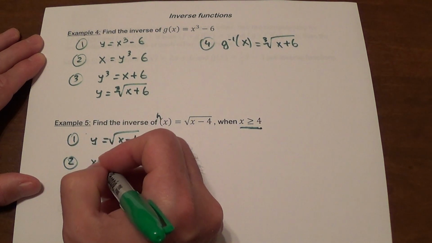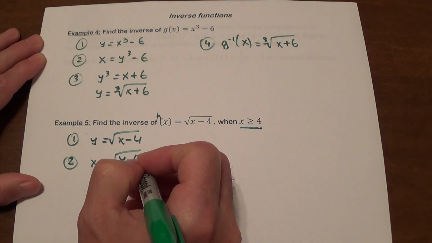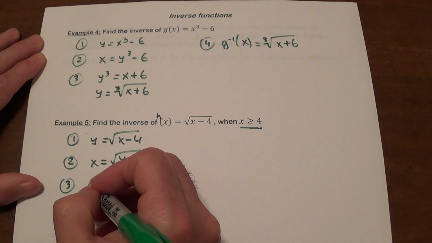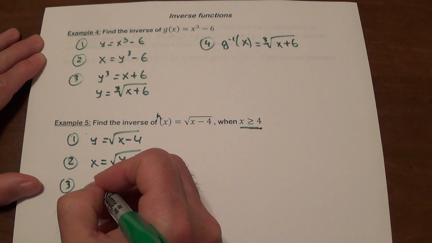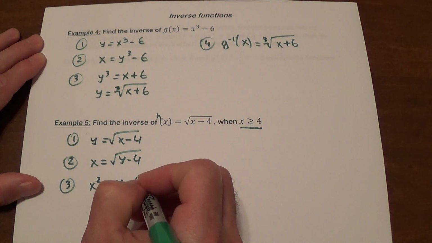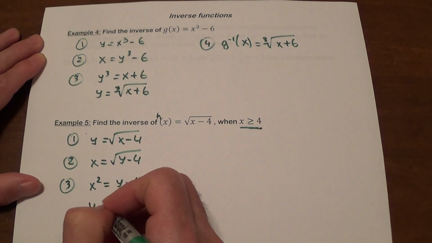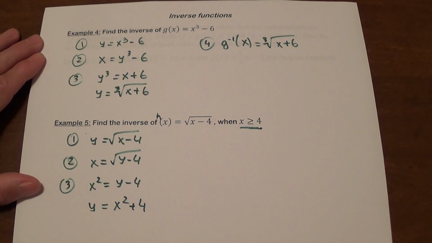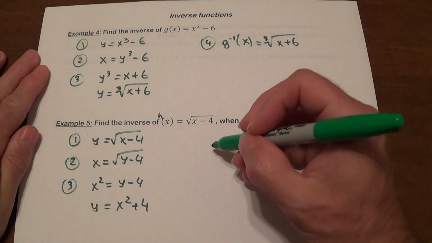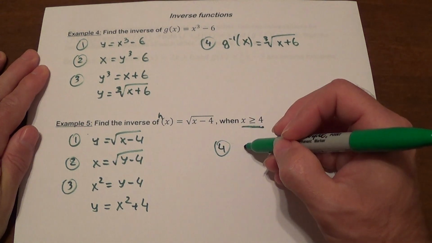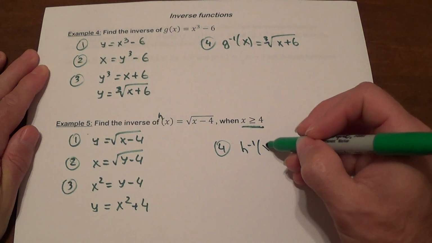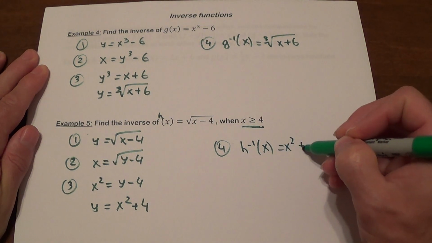Step 2, x equals the square root of y minus 4. Step 3, we're solving that, so it's going to be x squared equals y minus 4, and y equals x squared plus 4. Step 4, the inverse of h of x is going to be x squared plus 4.